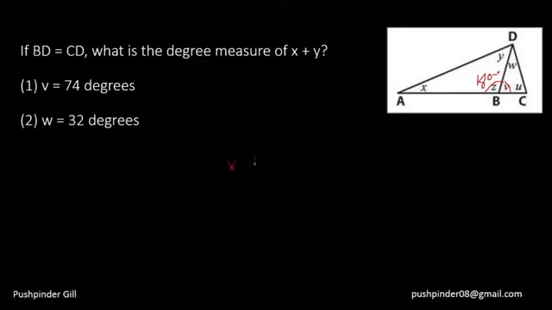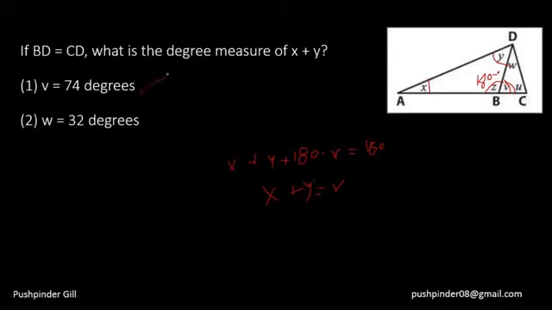Similarly, x plus y plus 180 minus v is equal to 180, or I can say that x plus y is equal to v. Well, this is again a property that this exterior angle is equal to the sum of these two interior angles. I forgot to mention that. So this exterior angle is equal to the sum of these two interior angles. So I just need to know the value of v. I would very well get the value of x plus y.